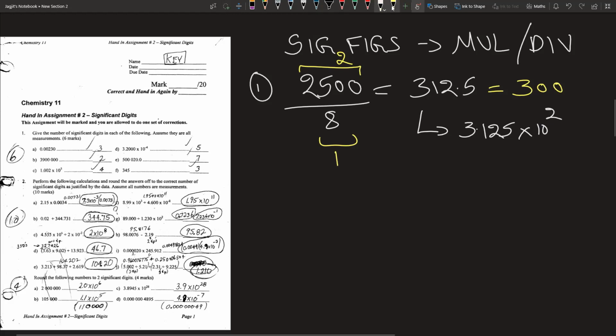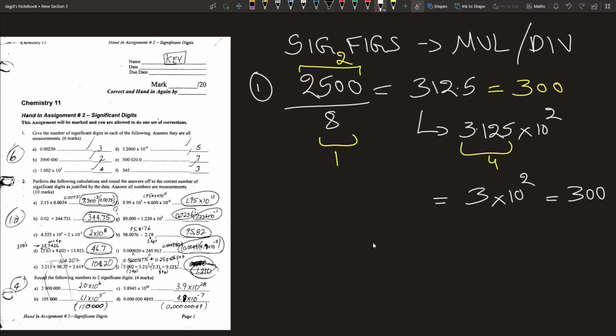Now you realize that this right now has 4 sig figs. I only need 1 sig fig. So you would just rewrite this as 3 times 10 to the power 2 as your final answer, which is equal to 300. That's how you tackle the sig figs in multiplication and division. Are you guys understanding this?